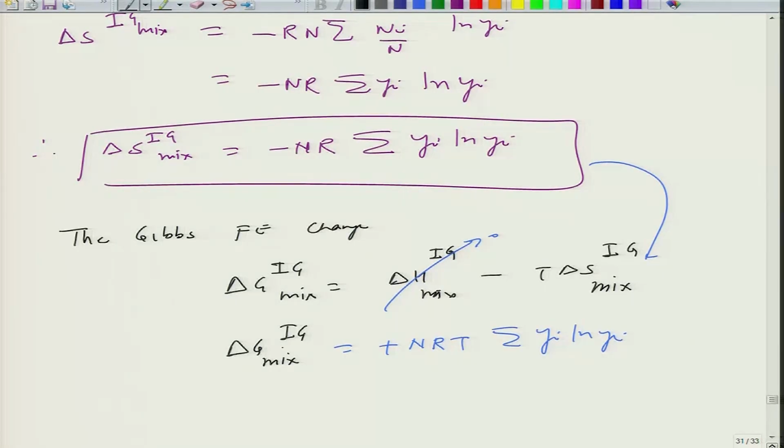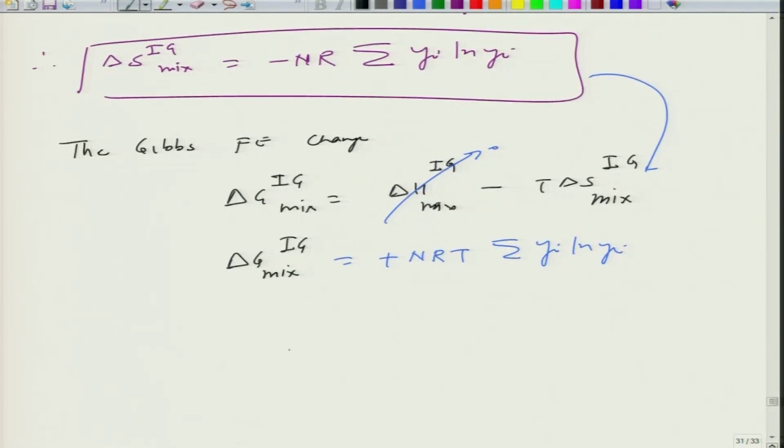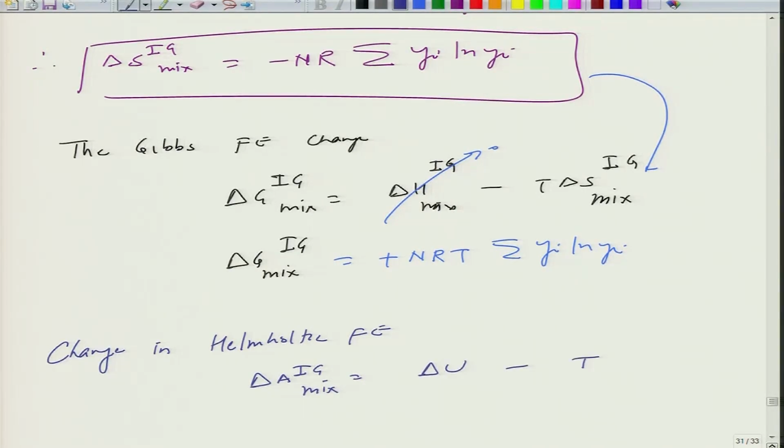Similarly, you can also obtain the Helmholtz free energy change. That is delta A ideal gas mixture, which is going to be delta U minus T delta S, again for an ideal gas mixture.